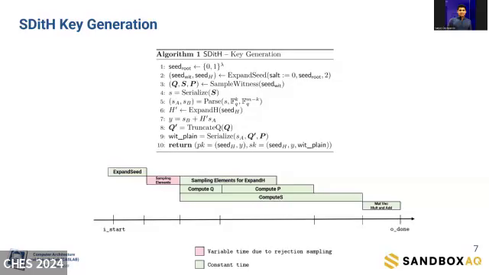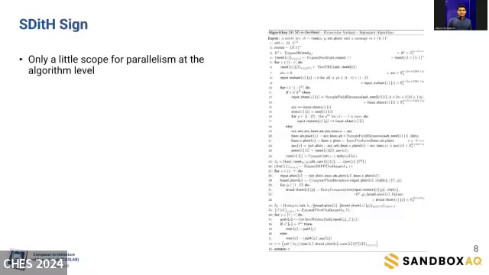Out of these blocks, the ones highlighted in green are constant time, and the ones highlighted in red are variable time due to the rejection sampling. However, the sampling is performed on the public element, so we could consider the overall design to be constant time.